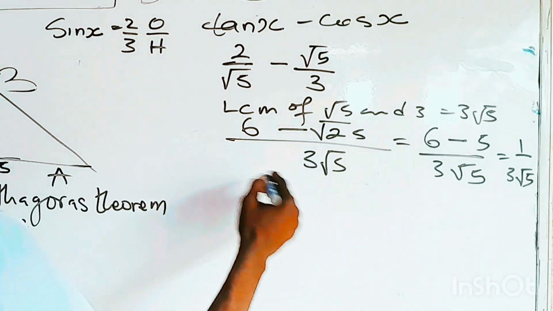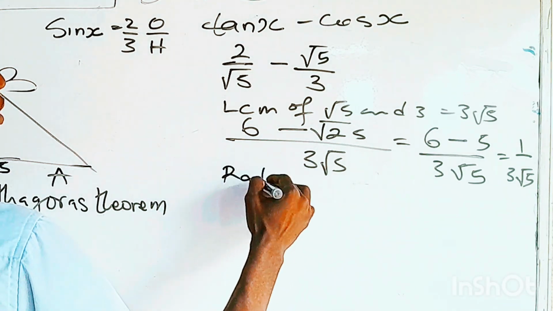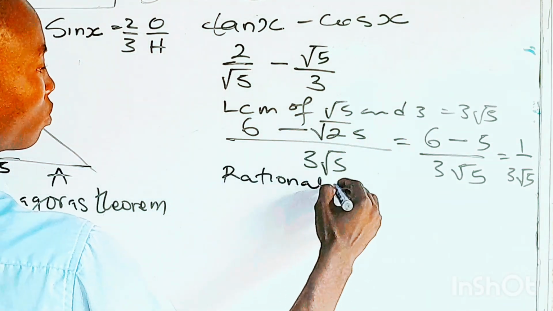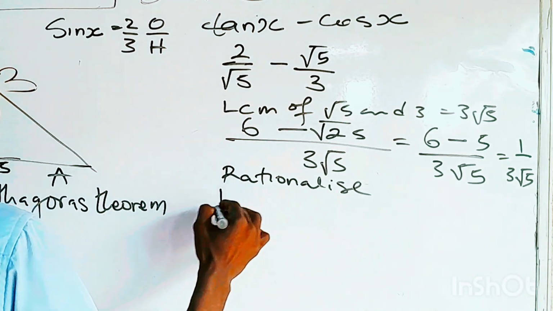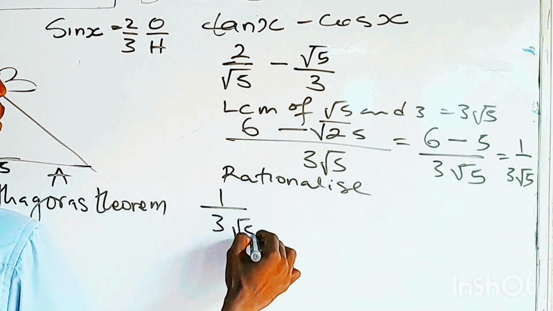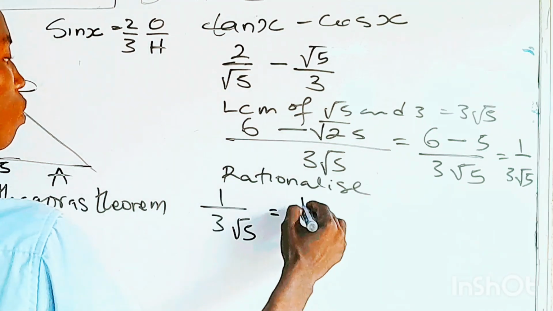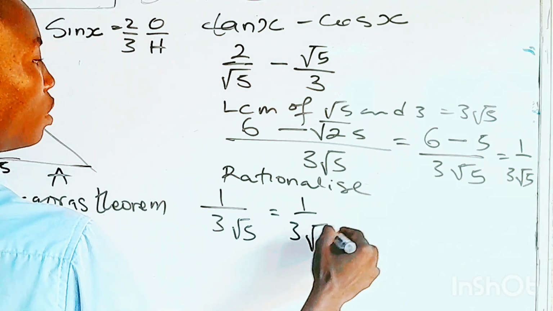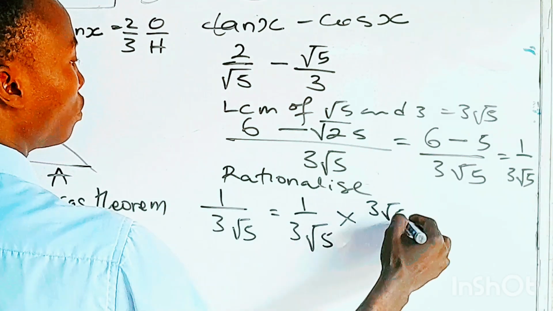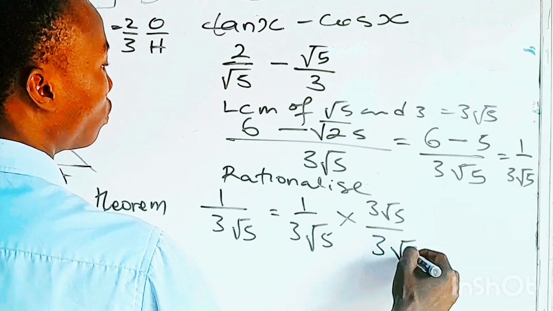So 1 over 3 root 5, bring it here, you rationalize. So when you rationalize 1 all over 3 root 5, that is equal to 1 over 3 root 5 times root 5 over root 5.